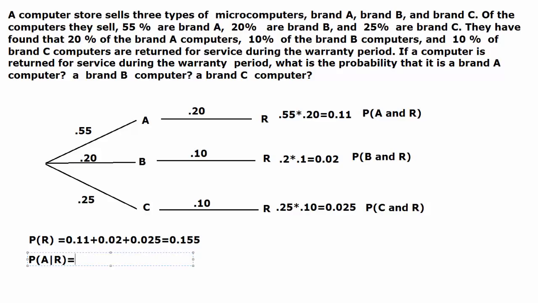That will be simply the probability of A and R. We look at this branch that leads to R via A, so we put 0.11 in the numerator, and in the denominator we have 0.115. Okay, let me just write it like this.